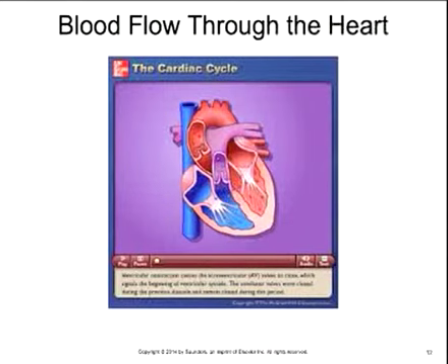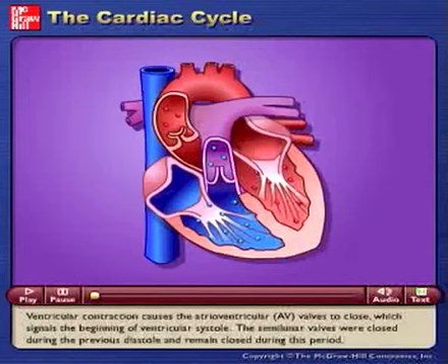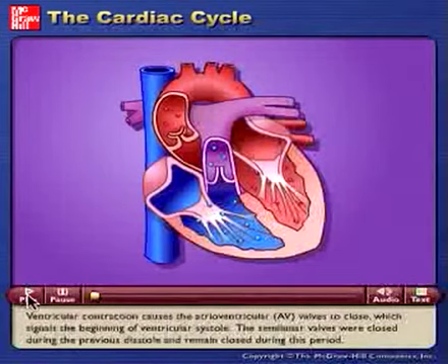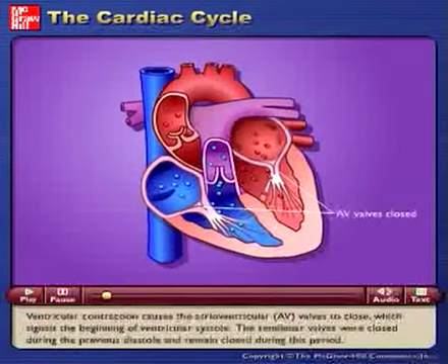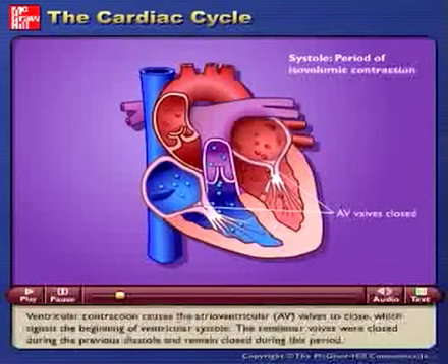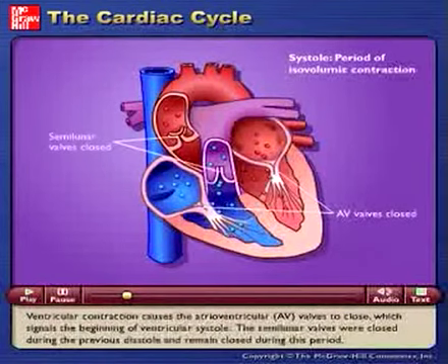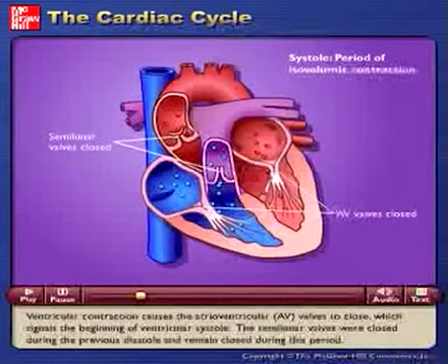So this is a look at the cardiac cycle. Ventricular contraction causes the atrioventricular valves to close, which signals the beginning of ventricular systole. The semilunar valves were closed during the previous diastole and remain closed during this period.